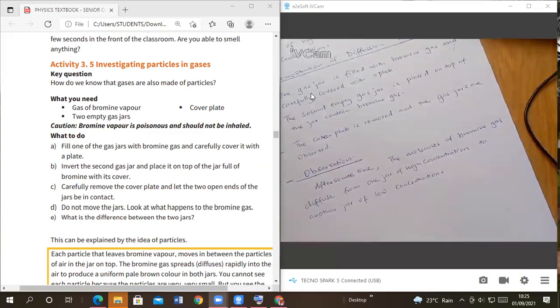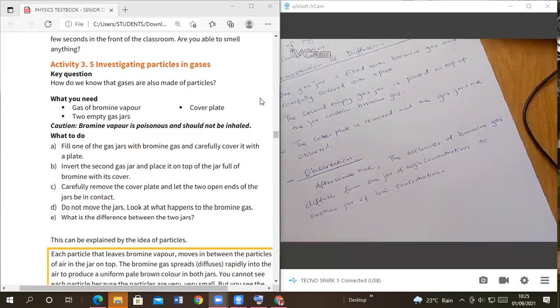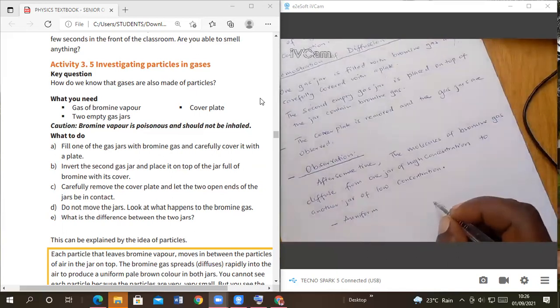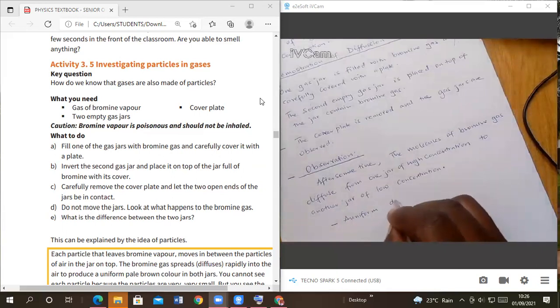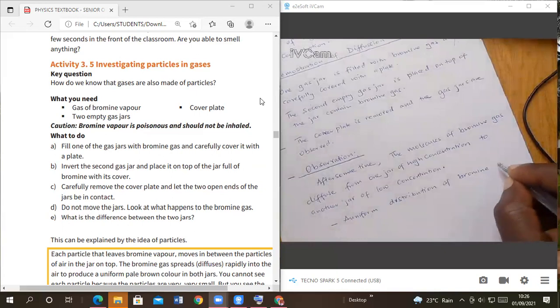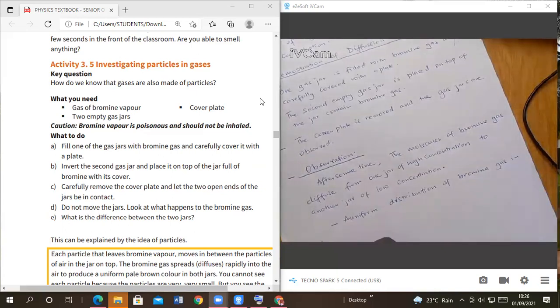Are we together? So that is the observation that we shall observe. And another thing that we shall also observe is a uniform distribution of bromine gas in both of the glass jars.